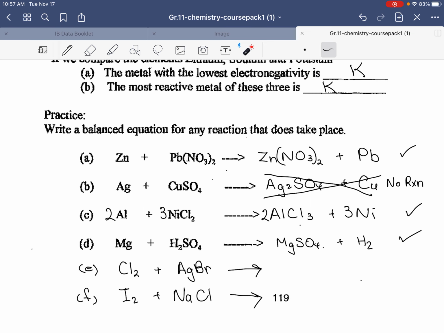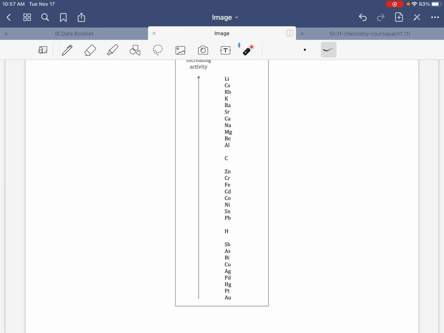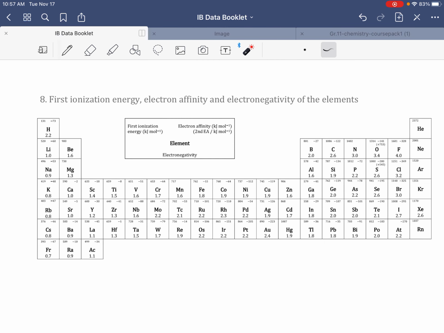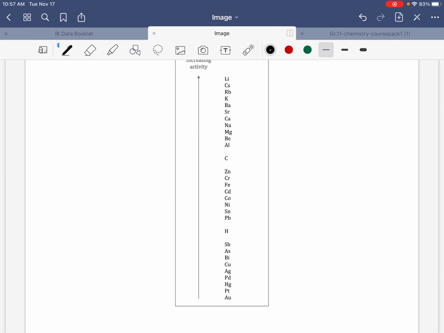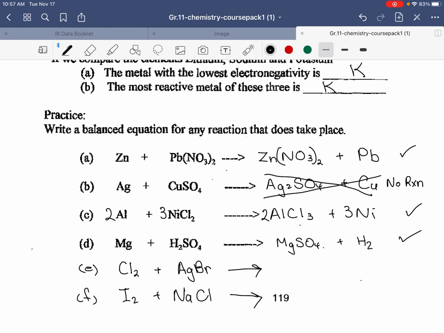So remember that. So will Cl displace Br? Well, let's take a look. There's Cl right here, 3.2. Br, 3.0. Yeah, Cl will displace Br. Cl is more attractive than Br. So Ag says, come on here, Cl, let's be AgCl, leaving bromine all alone.